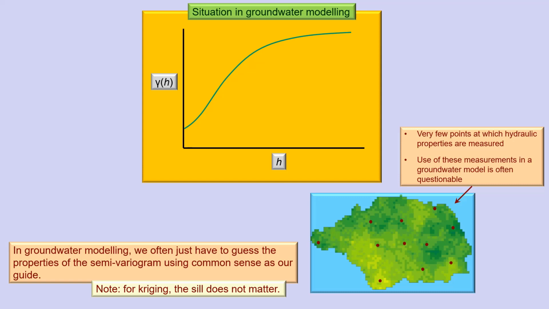And just keep in mind too that when it comes to Kriging, that is interpolation between sample points, the sill doesn't even matter. So it's the range and the shape of that variogram that's the important thing.